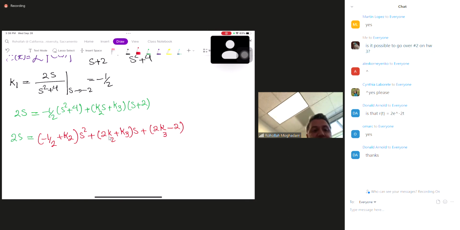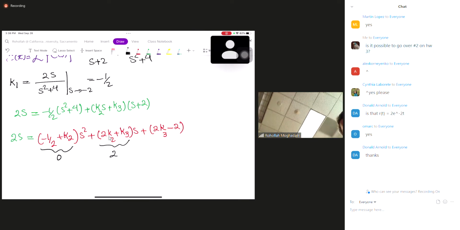All right. So this is what we can find for these equations. Because we don't have any s squared on the left-hand side, this coefficient has to be 0. This coefficient has to be 2, and this coefficient has to be 0.